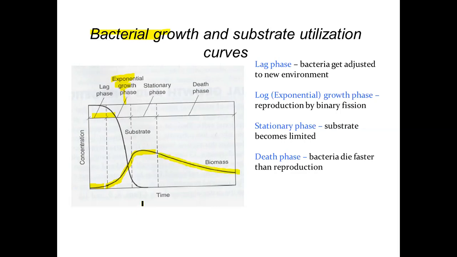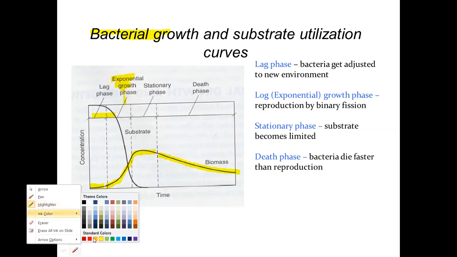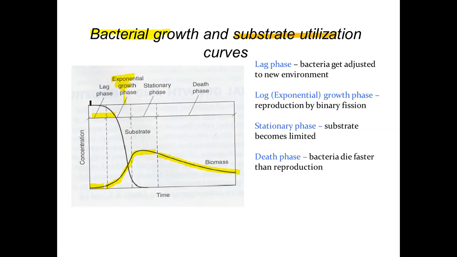So this is the bacterial growth curve, and the substrate utilization curve is this one. What is the substrate here? The substrate is the food for the microorganisms. We can say BOD, or the organic matter concentration, or the COD.